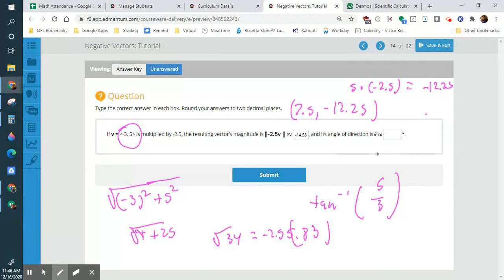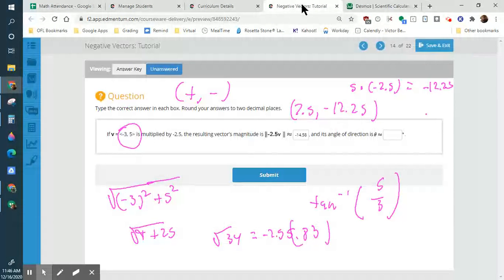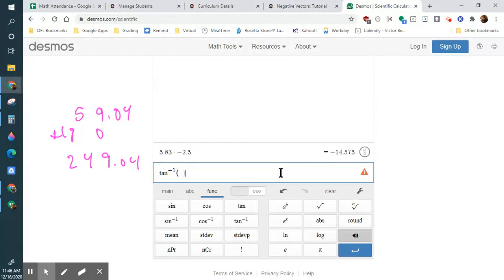And we need to find the magnitude of this, bearing in mind that because it was positive and negative, it should be in the positive-negative quadrant, quadrant 4. So let's do this. What is it? Tangent inverse. It's just annoying because I know they're going to be small errors.